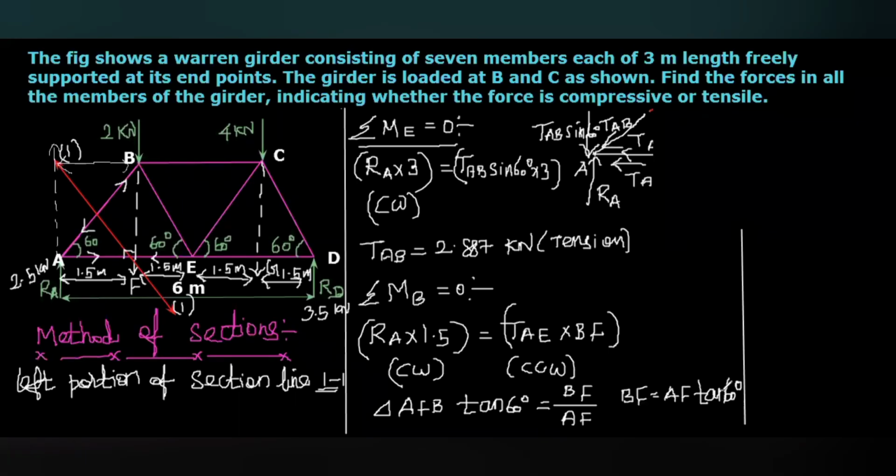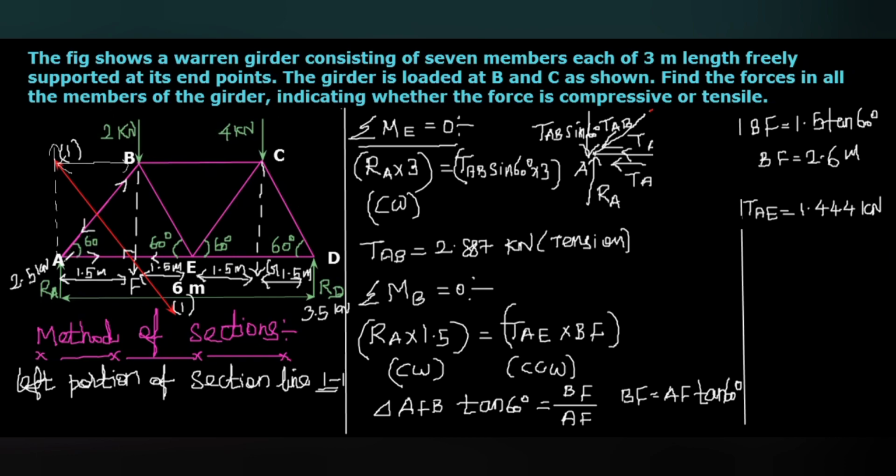So if you substitute the values, BF equals AF 1.5 tan 60 degree. We will get BF equal 2.6 meters. Then substitute the value of BF here and simplify. We will get TAE equal to 1.444 kilonewton.